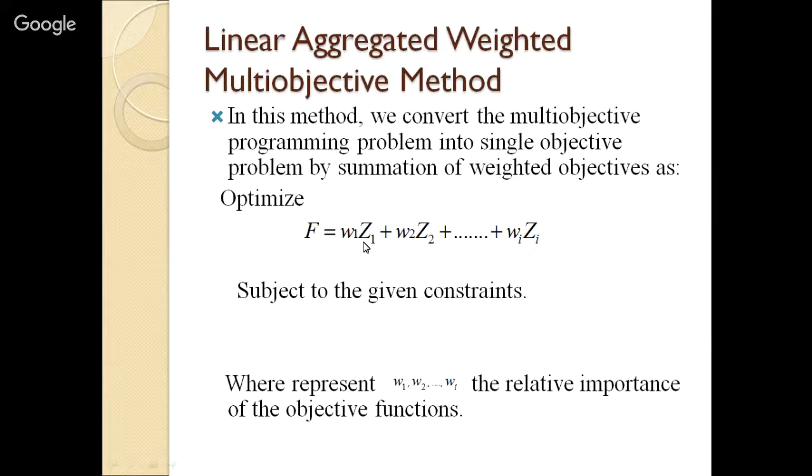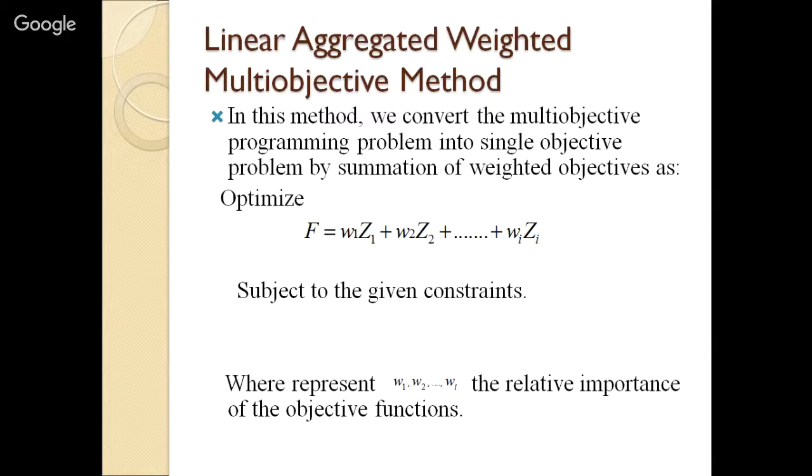How much importance is given to the first objective, how much to the second objective, these are considered as weights. How important is profit, cost, investment for you, all will be given different weights. Then we combine them and now this problem is converted into a single objective programming problem.